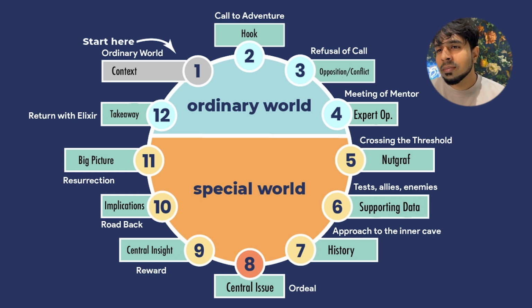And then we reach the central issue, the main issue of what this whole story was about. Then we get an insight, which is the reward from all of this conflict that we went through. Then from that we come to the implications, the big picture, and finally the insight or the takeaway that the user can take with them. So a journalism story in today's world also follows the hero cycle in some ways.